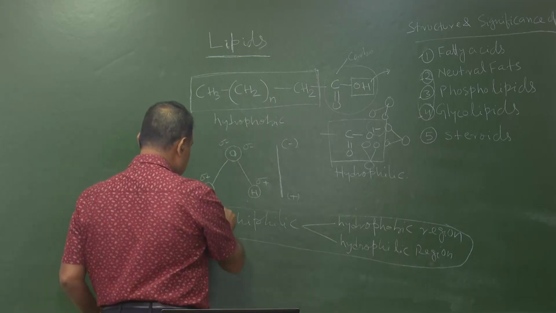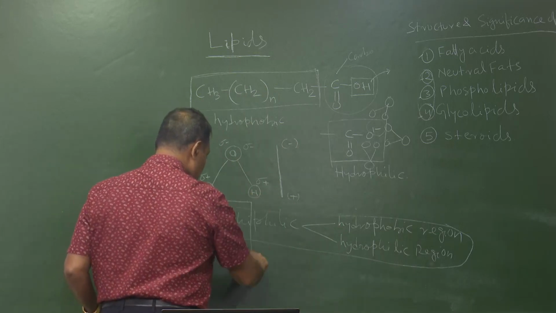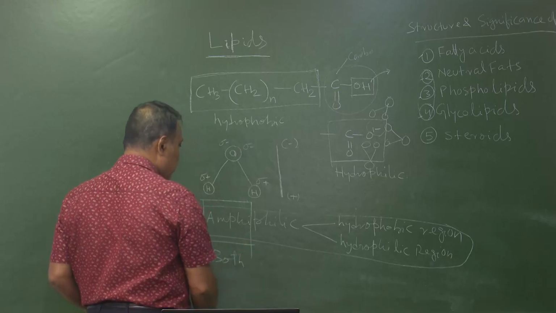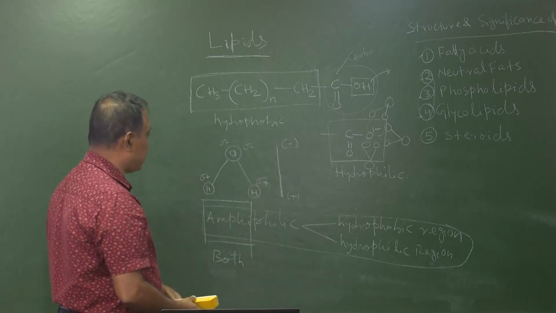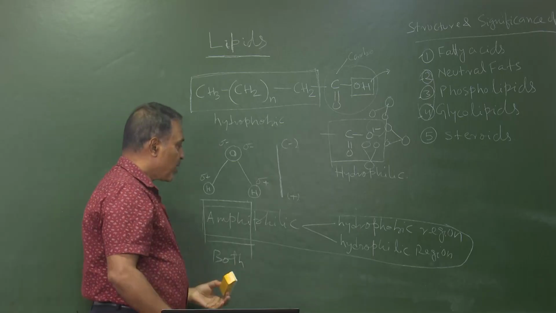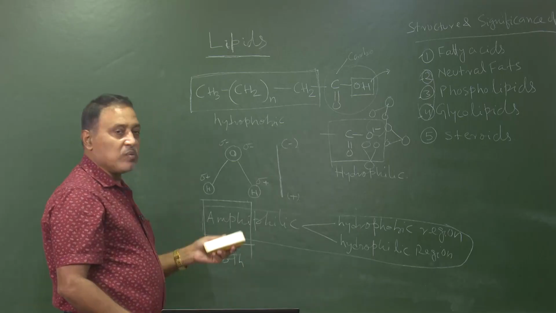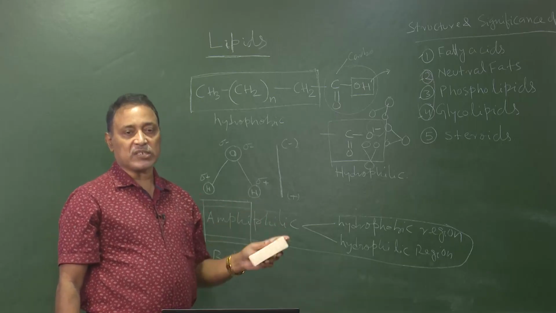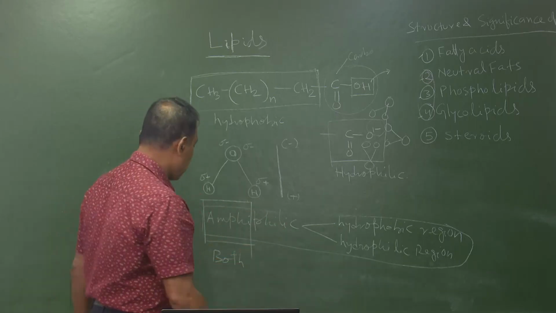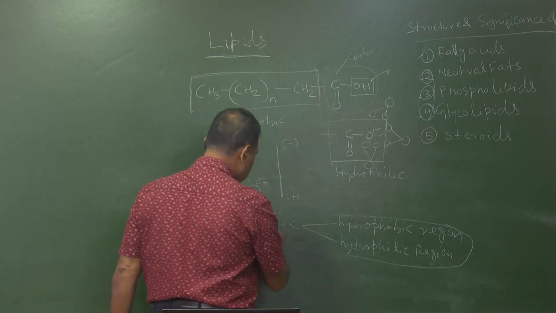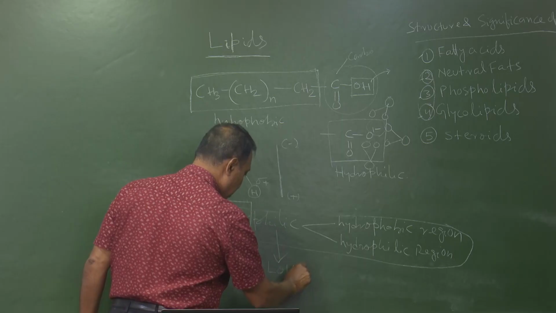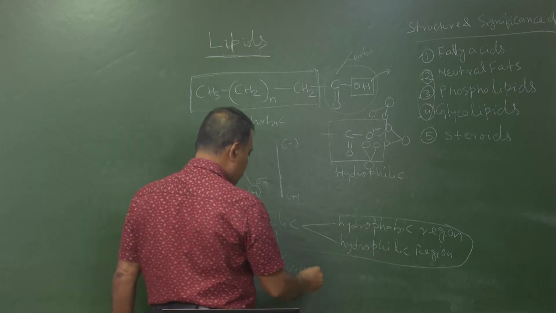Amphi means both. So both water loving and water hating, or you can say loving the polar substance and loving the apolar or non-polar substance. Philic means loving. So what is it loving?